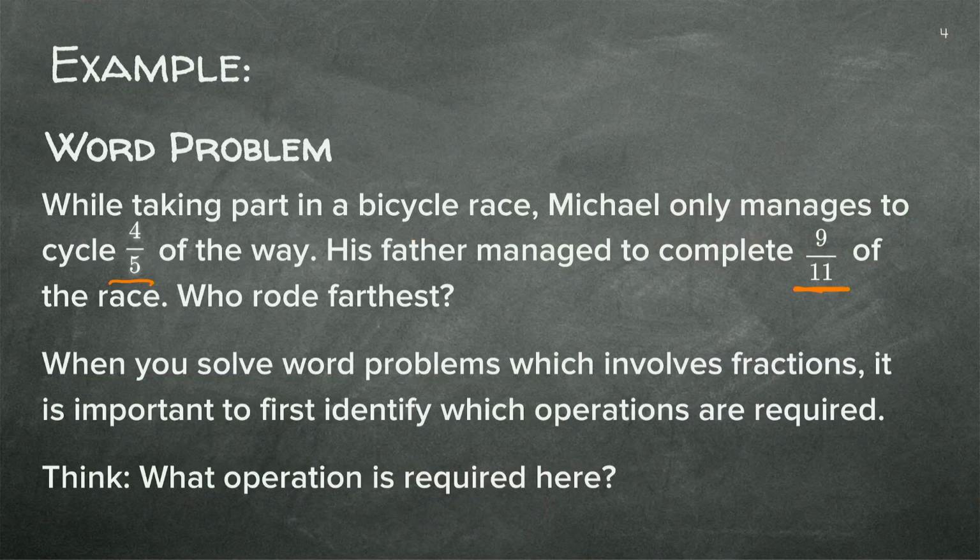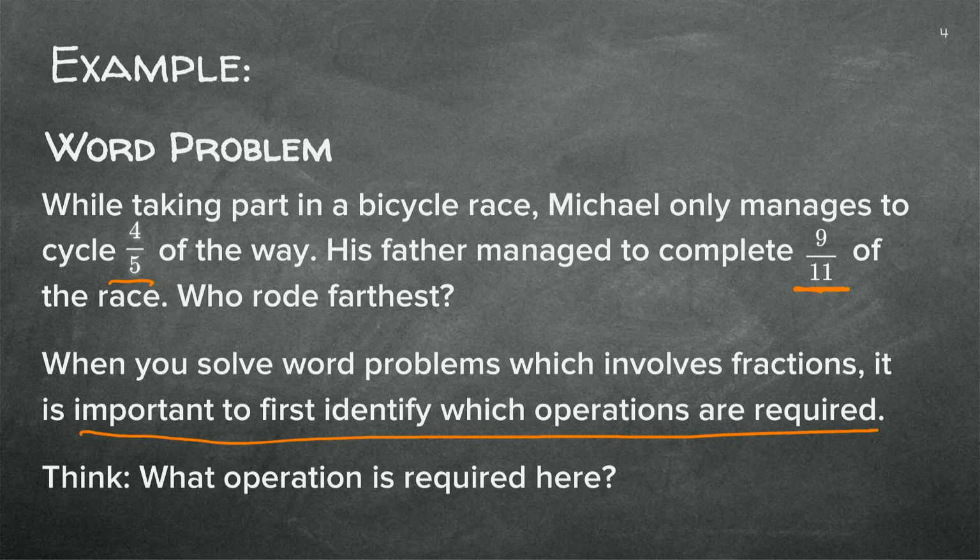When you solve word problems which involve fractions, it is important to first identify which operations are required. Now let's think, what do you think we have to do? Let's read it again. They're taking part in a bicycle race.